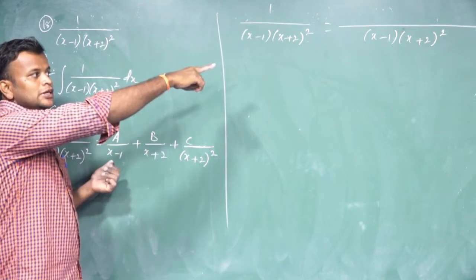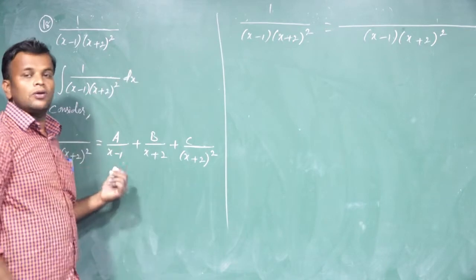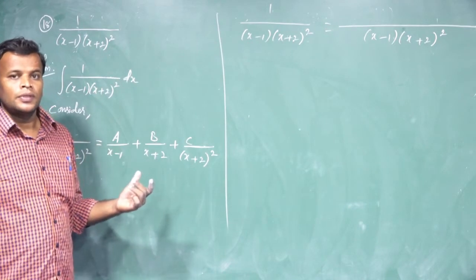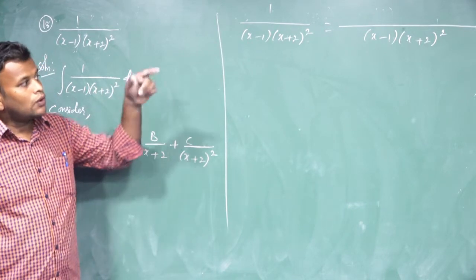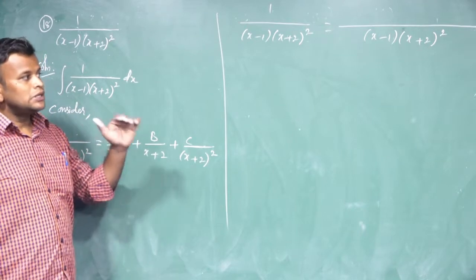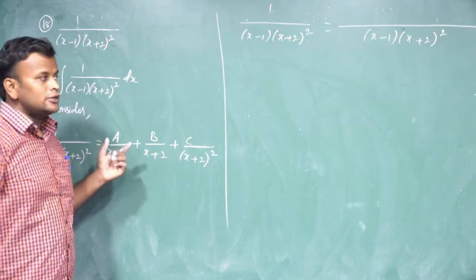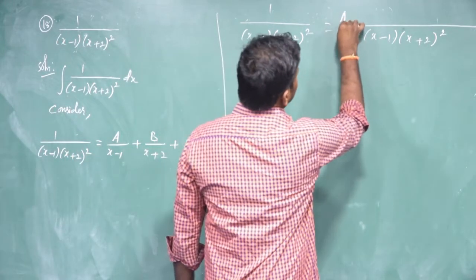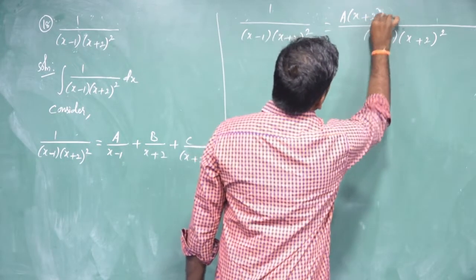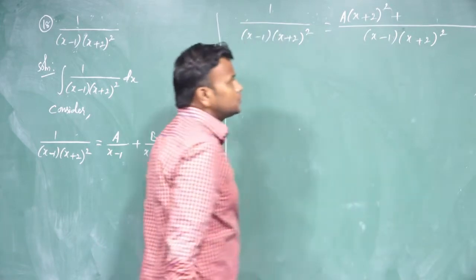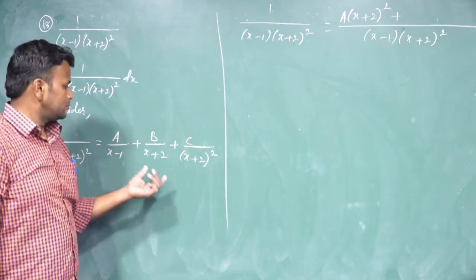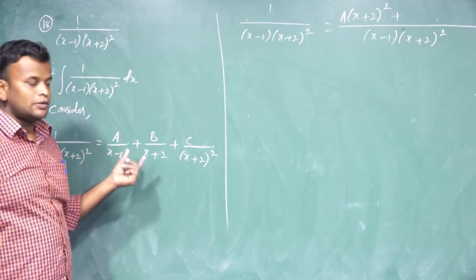But our LCM is x minus 1 into x plus 2 the whole square. What is the missing term? The missing term is x plus 2 the whole square. So the missing term is multiplied with the numerator. What is the numerator actually? a. So a of x plus 2 the whole square. First term over.